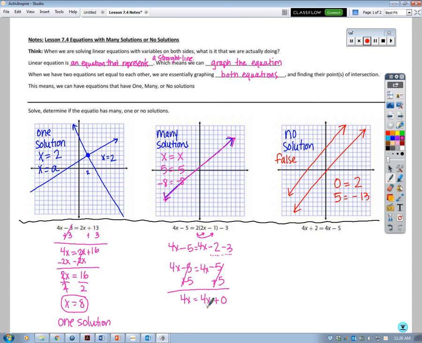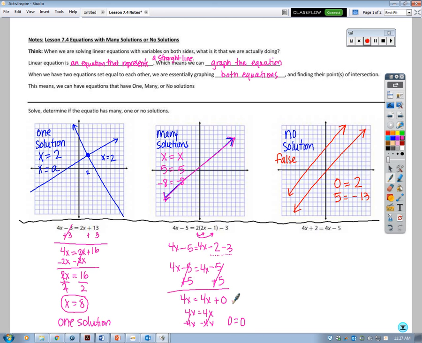And then I have 4x equals 4x plus 0, which is the same as 4x equals 4x, right? So what I would do from here is I would minus my 4x, right? And I have 0 equals 0. So I have a true statement.